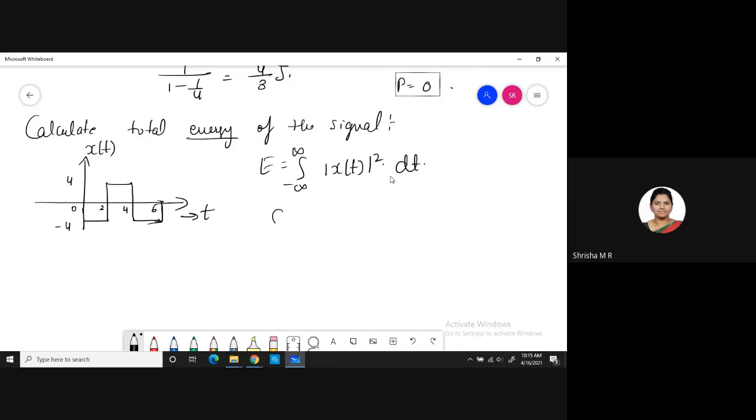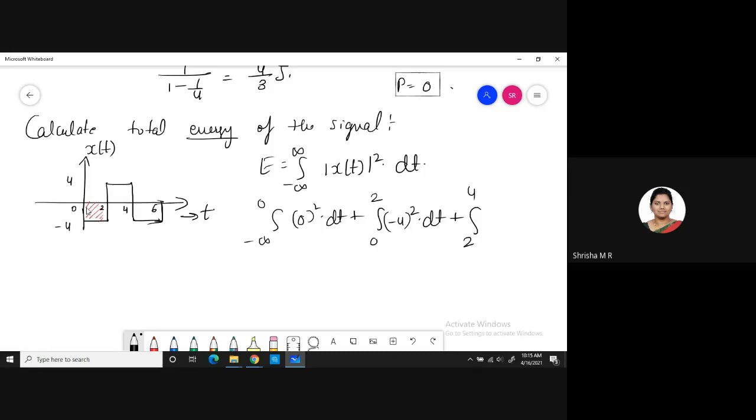I will take from -infinity to 0. What is my signal? It is 0. So 0 square into dt plus from 0 to 2. What is the amplitude here? -4. So it will be -4 whole square into dt plus 2 to 4.